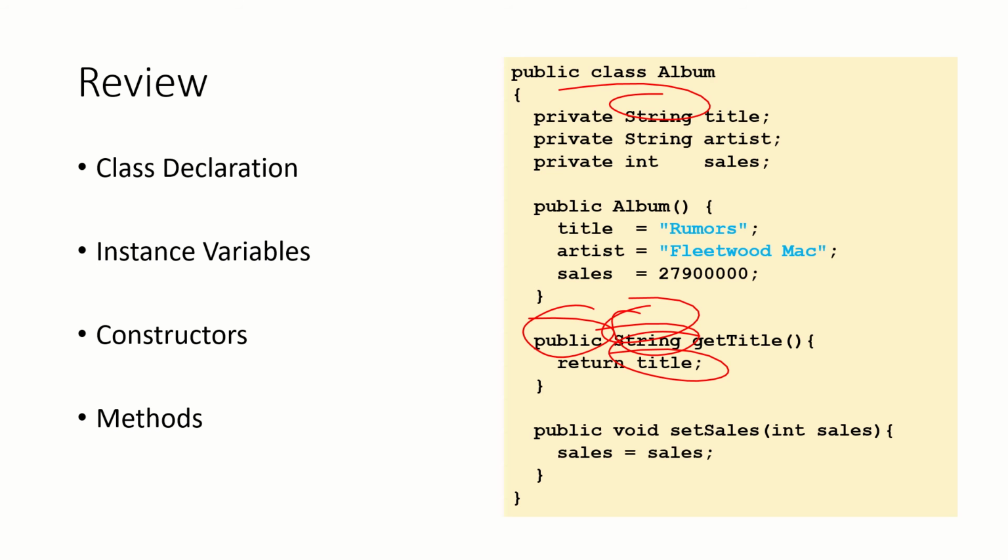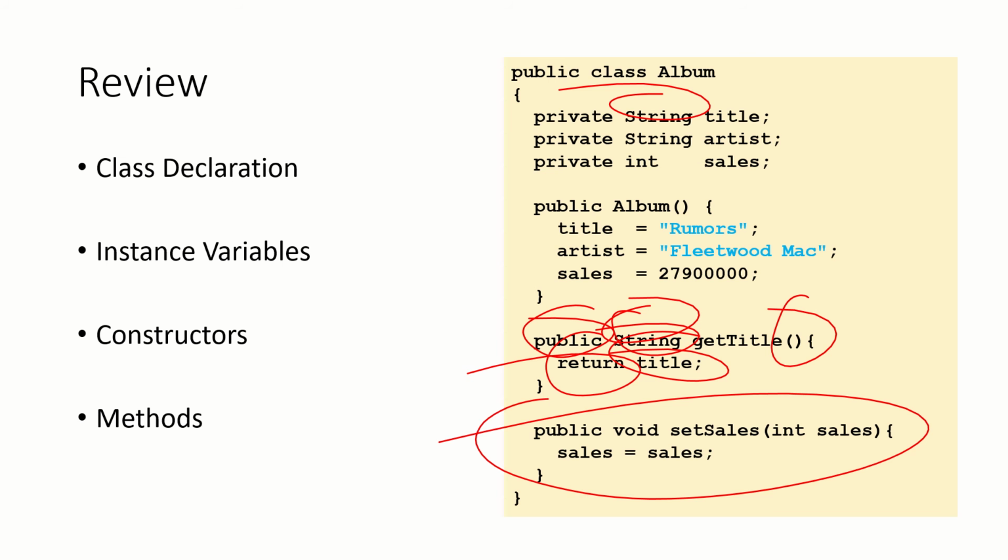Because we only want to return the value of title, in the parameter you don't have to fill anything. If you return something, the keyword return has to be included. Make sense?